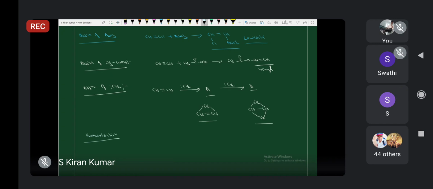The first one is 1-butyne with alcoholic NaOH or alcoholic KOH. 1-butyne is rearranged, isomerized, to 2-butyne. Conversion of one isomer to another isomer is called isomerization. How does this reaction take place? Mechanism for 1-butyne to 2-butyne.